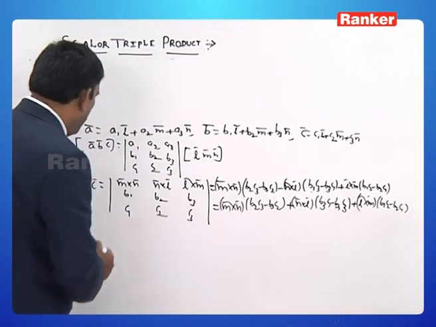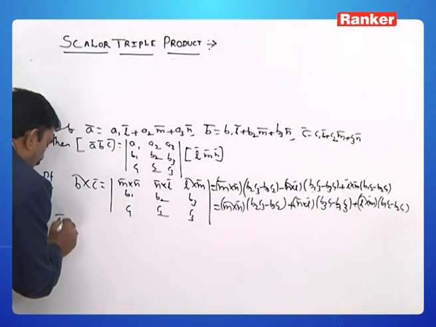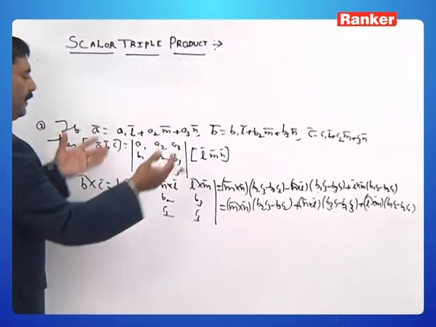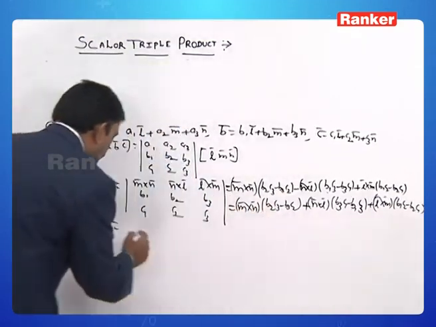Followed? Now I take the dot product of A bar on both sides with B bar cross C bar.